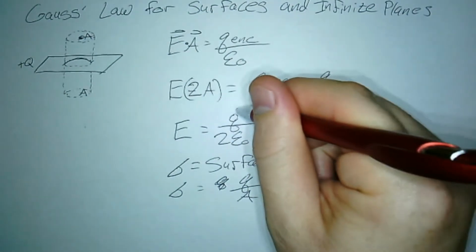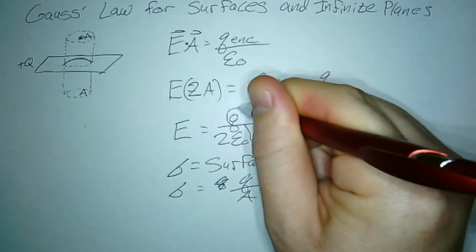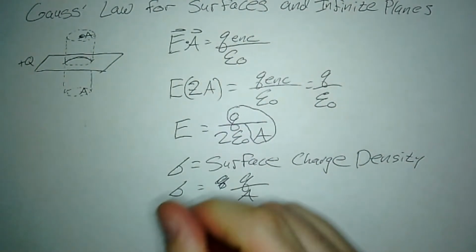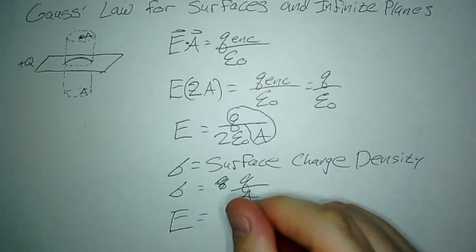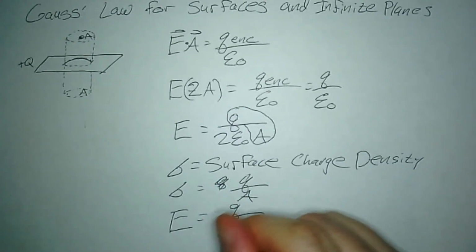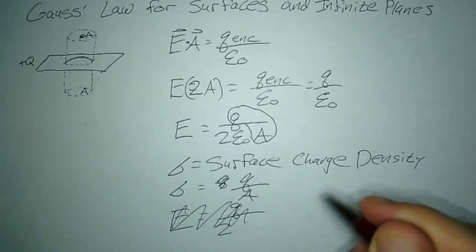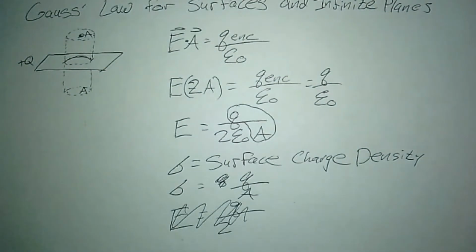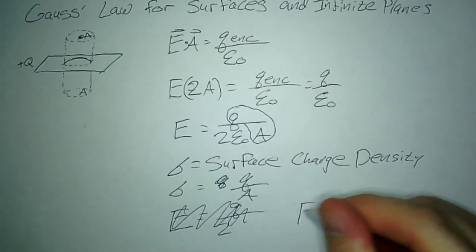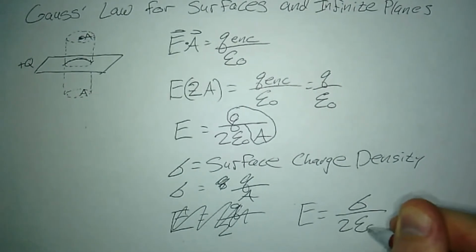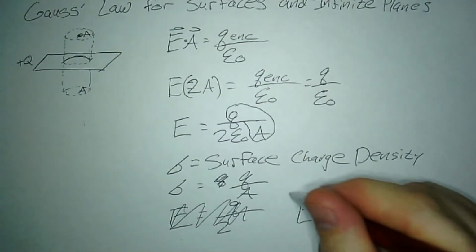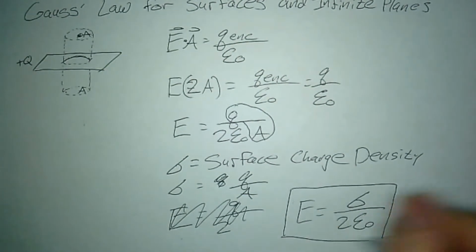So I can actually just group that and say that's sigma. So my electric field is going to be sigma over 2 epsilon naught. Let's put a box around that.